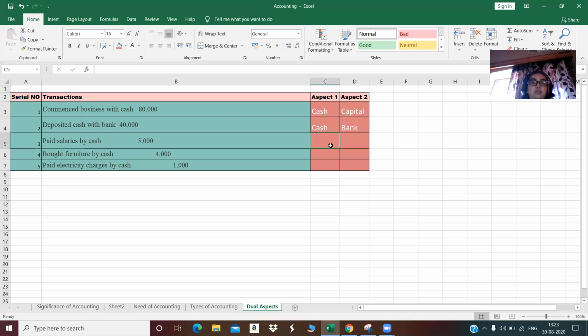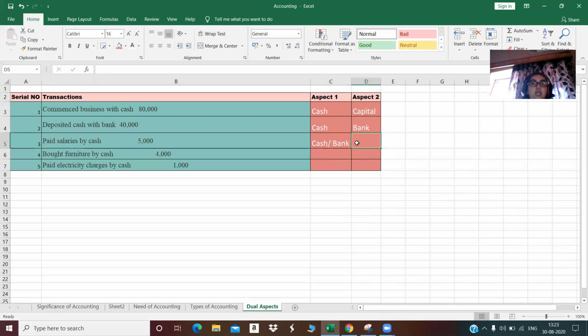So cash or bank would be one aspect. And the other aspect would be salary itself. Why? Because cash or bank is being paid towards which segment? Towards the salary segment. So the salary would be another aspect, salary.